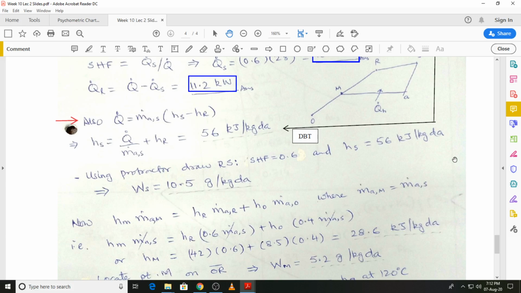We can go again to the protractor, draw a reference line with a sensible heat factor of 0.6 on the protractor, and then draw a line on the psychrometric chart which is parallel to this line, and where it intersects the line of constant enthalpy of 56 kilojoules per kilogram dry air, that will give us state S.